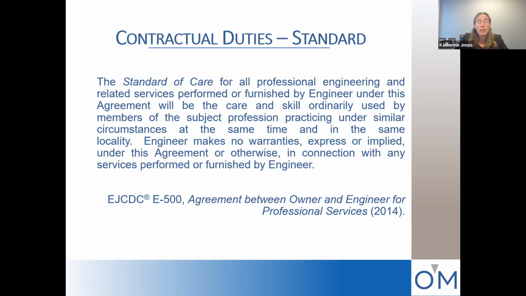What the E500 form says is that the standard of care for all professional engineering and related services performed or furnished by engineer under this agreement will be the care and skill ordinarily used by members of the subject profession practicing under similar circumstances at the same time and in the same locality. Engineer makes no warranties, express or implied under this agreement or otherwise, in connection with any services performed or furnished by engineer.